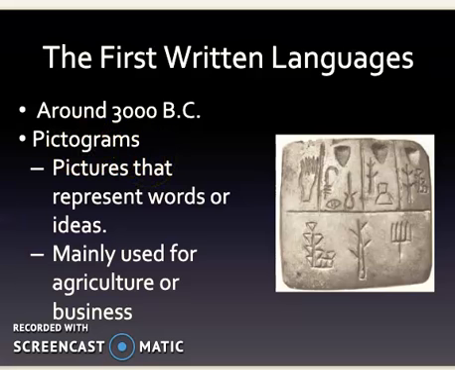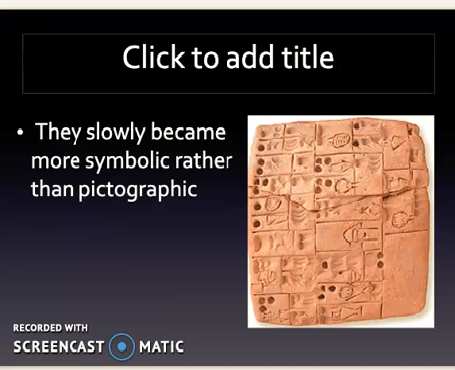After the pictograms, we slowly see them become more symbolic than pictographic. You see here they have dots with the pictures representing something. Maybe that represented an amount, maybe that represented something else completely.